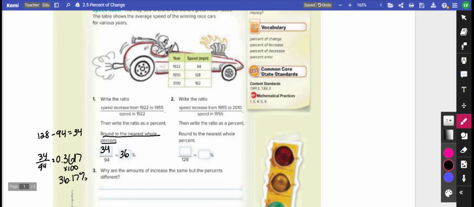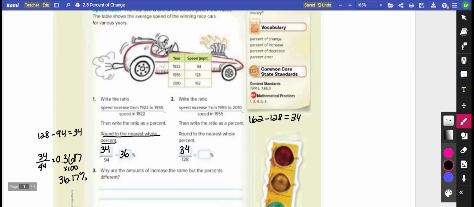Number 2, write the ratio of the speed increase from 1955 to 2010 in my numerator, divided by the speed in 1955. Then we write the ratio as a percent and round to the nearest whole percent. I'm going to take 162 and subtract 128. That gives me 34, divided by the speed in 1955, which was 128.